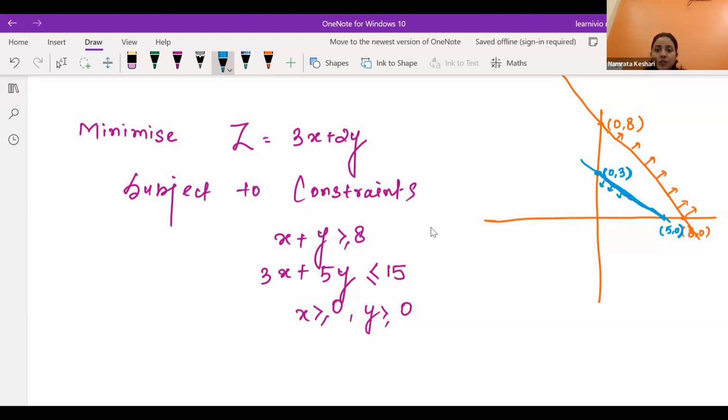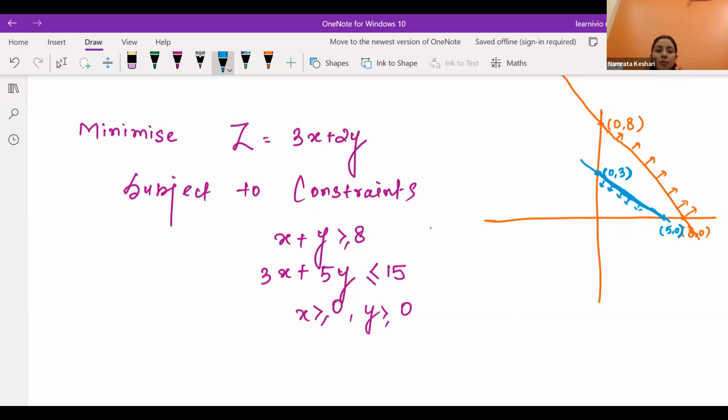Is there any common region? Common shaded portion? No. Okay, till now we have solved questions where a common shaded portion exists. But in this type of question, there exists such a scenario where the common shaded portion doesn't exist even.